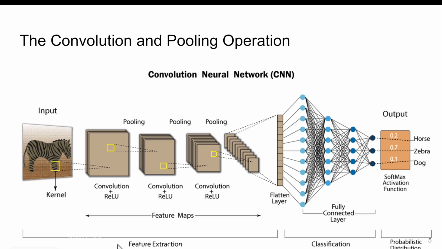Here it is also written as feature extraction. The process from the input to the last layer of pooling, all this till flattening, contains feature extraction, and then a normal fully connected layer performs the classification, and we get our output.